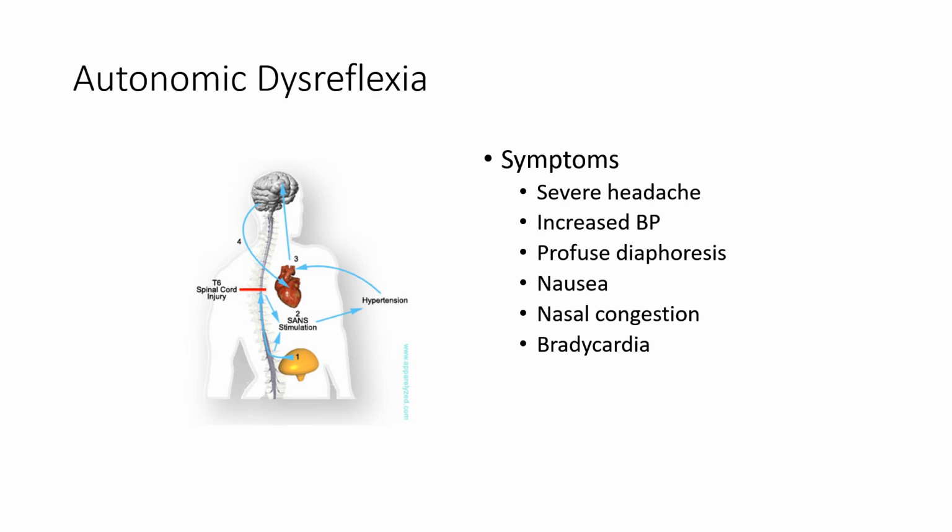Now, this stimuli may be a distended bladder, it may be an impacted bowel, it can be a tear in the skin, it can be as simple as an ingrown toenail, but it causes this overreaction of the sympathetic nervous system.